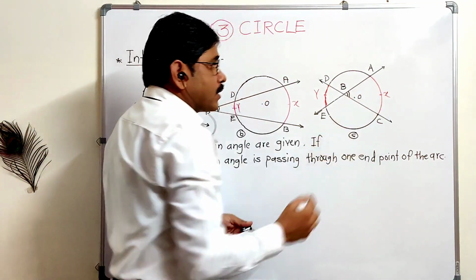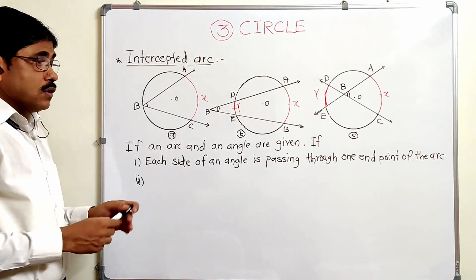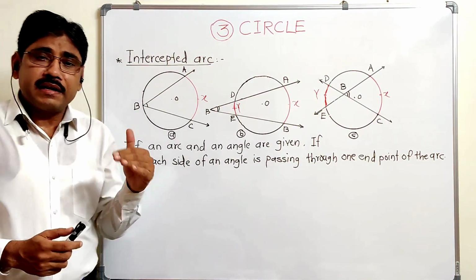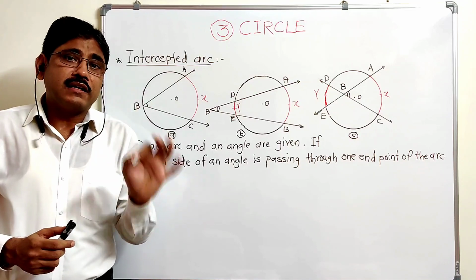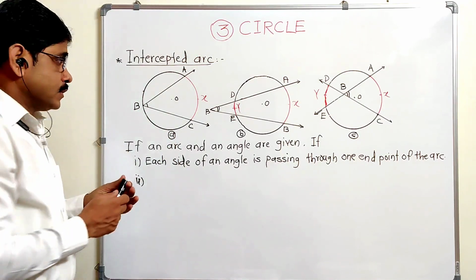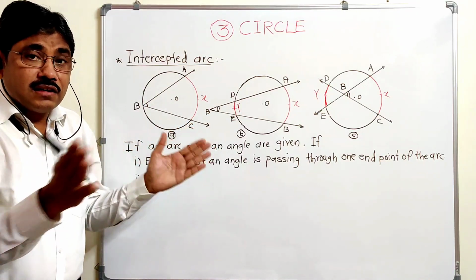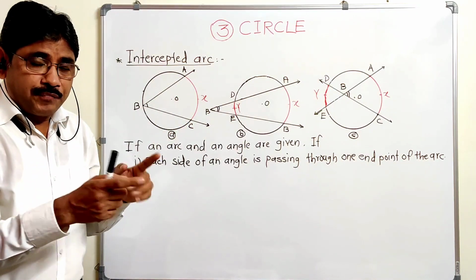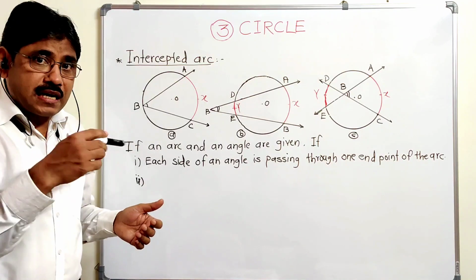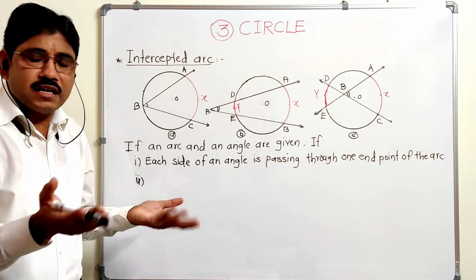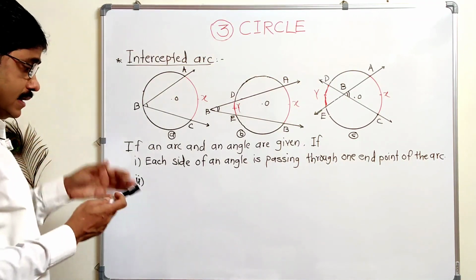So that is the second condition. So the arc which lies in the interior of that angle, with the endpoints on the sides of the angle, we can say it is intercepted by that angle.